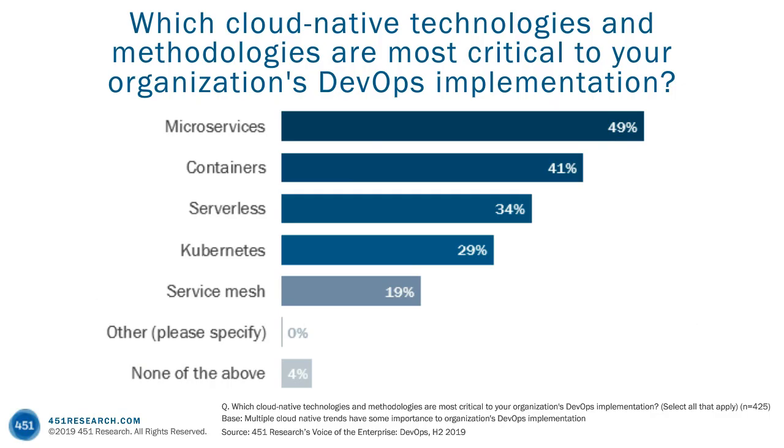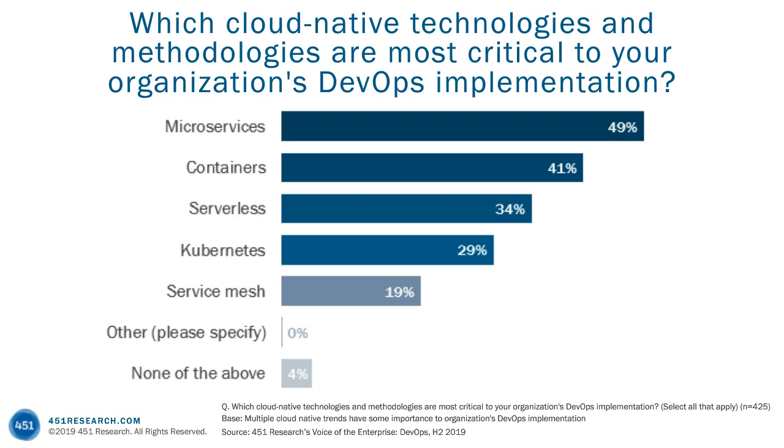supporting this. So when we asked our panel which cloud-native technologies are most important to DevOps, we can see here that microservices, I think, we can think about as the organizing principle or the end goal, because it's pretty clear that enterprises can be faster and more agile using microservices, and then we've got all the things that support that.